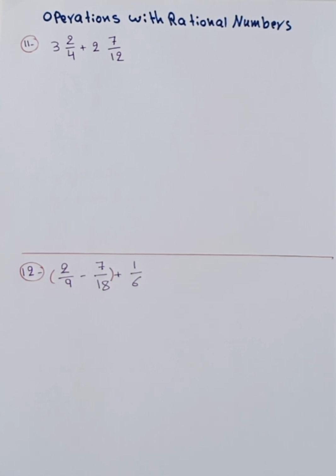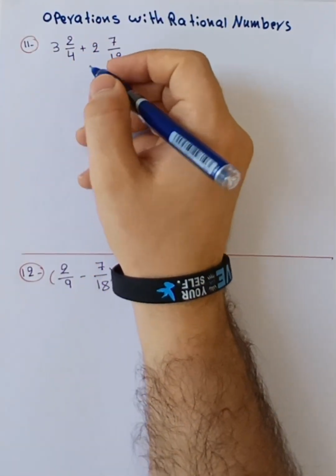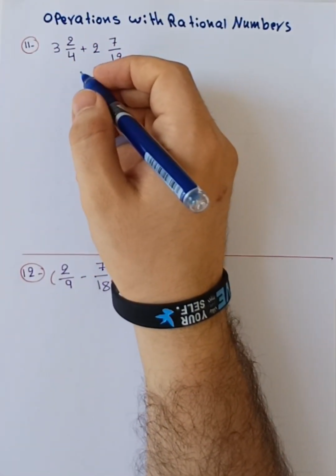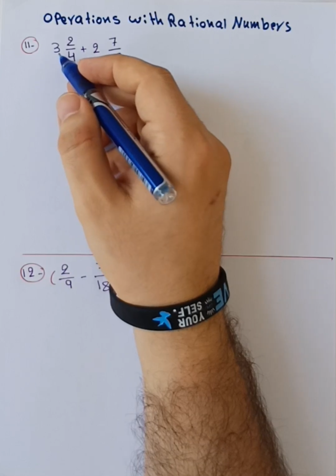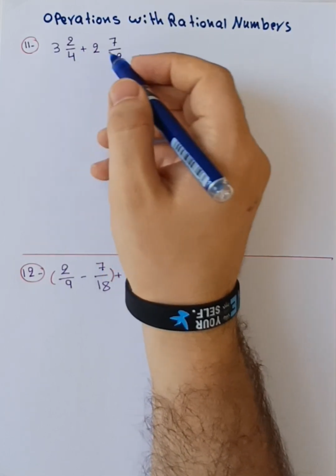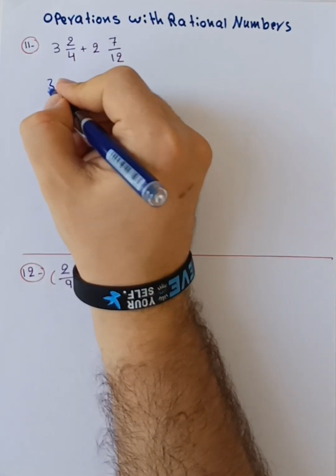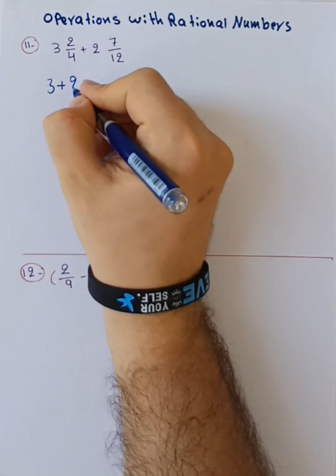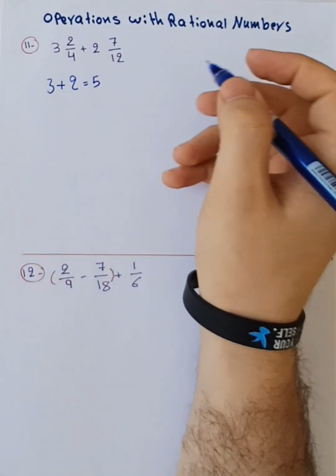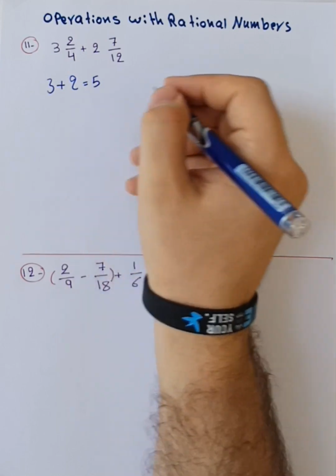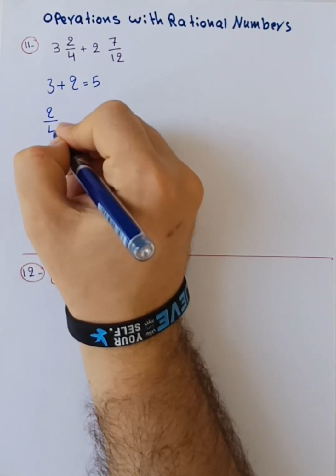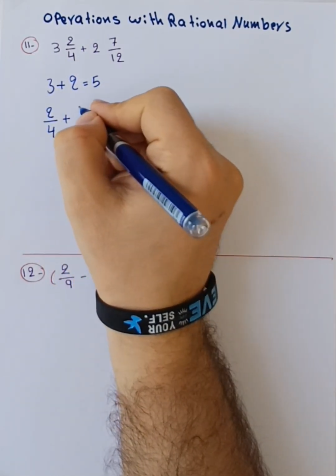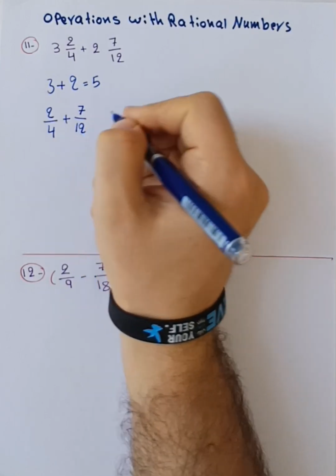Example number 11, we have these two mixed numbers. How to add? When you have mixed numbers, first you have to add the whole numbers. 3 plus 2 is 5, and then you have to add the fractions: 2 out of 4 plus 7 out of 12.